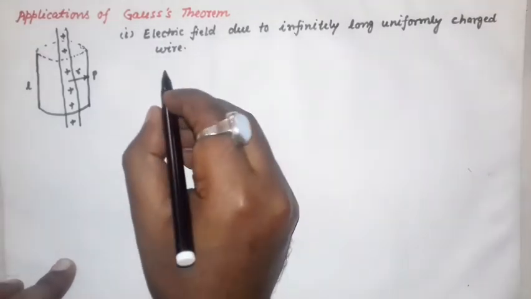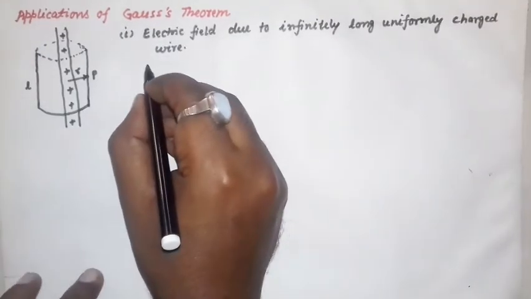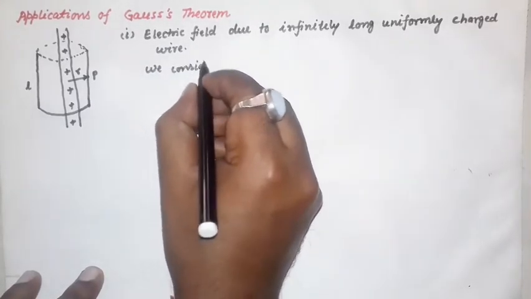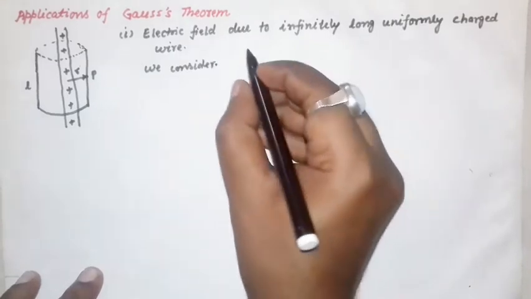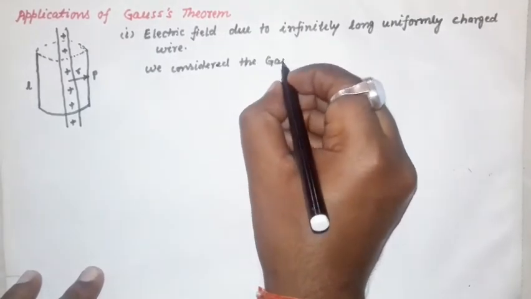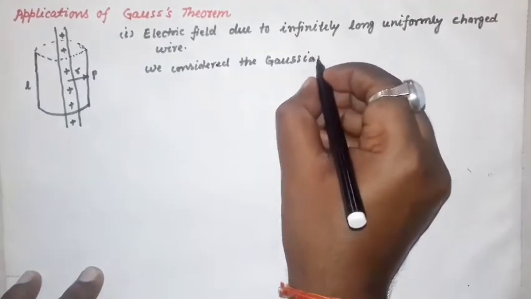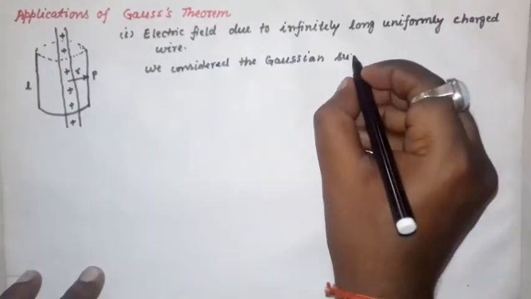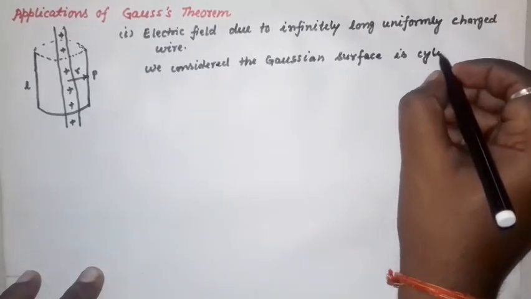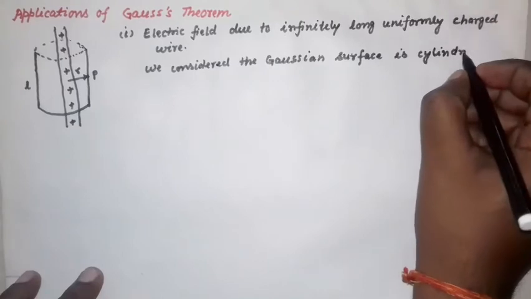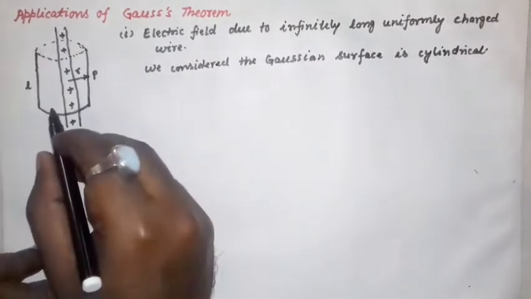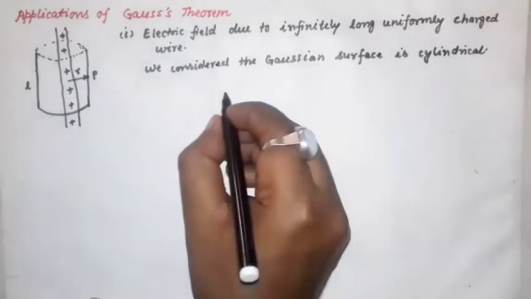So we considered the Gaussian surface is cylindrical in shape. So let us apply Gauss law on this cylinder.